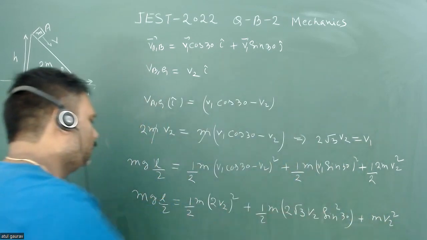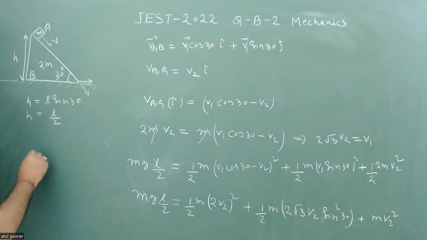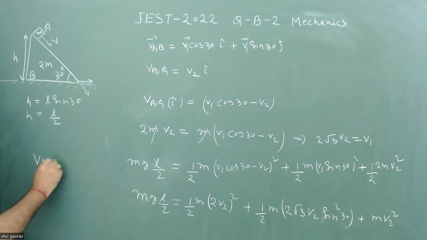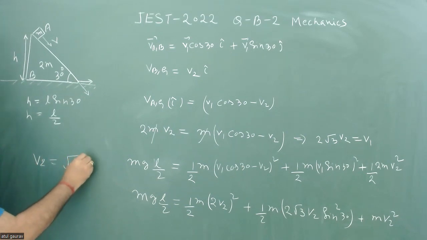When we calculate all this, we easily find V2 is equal to root gL by 2.